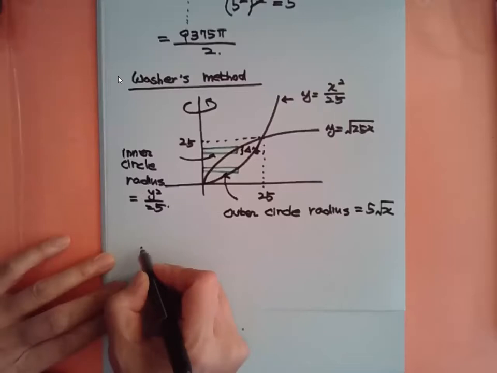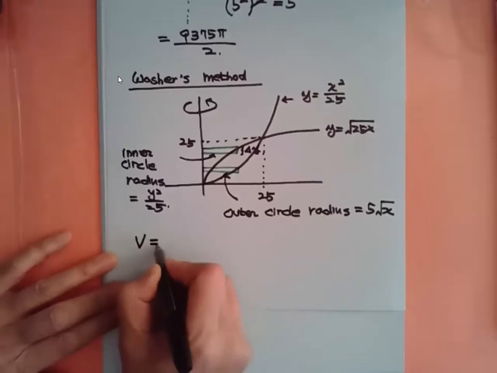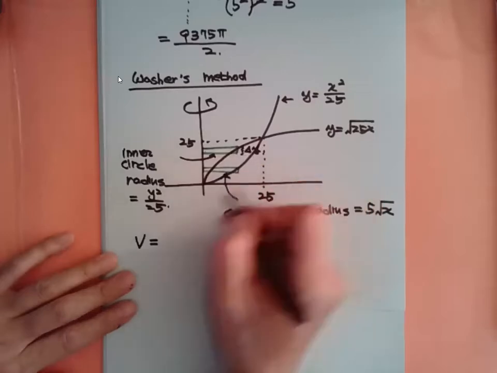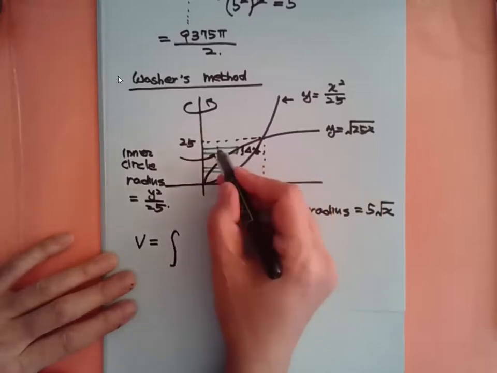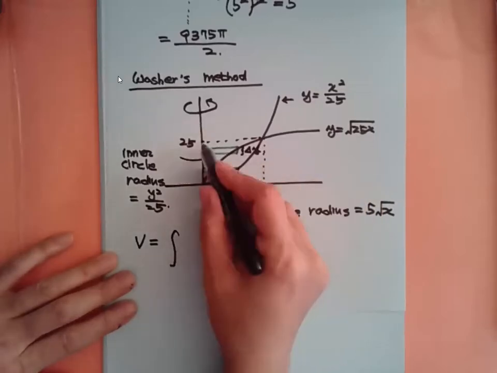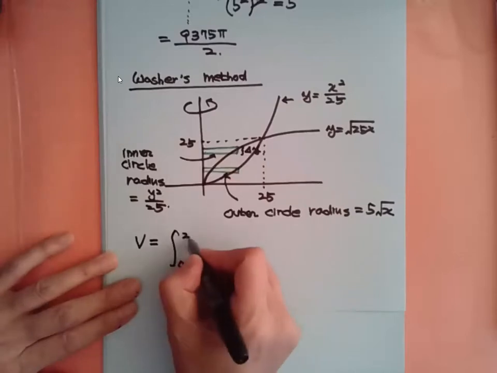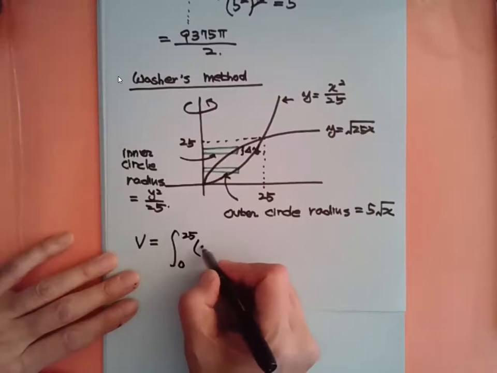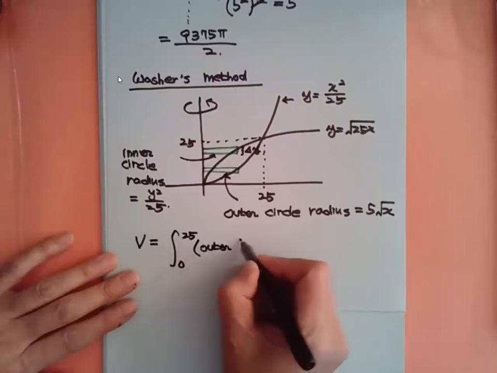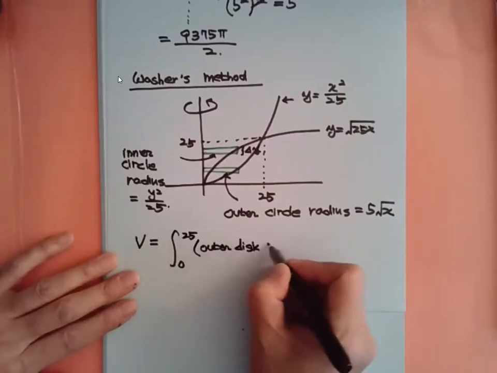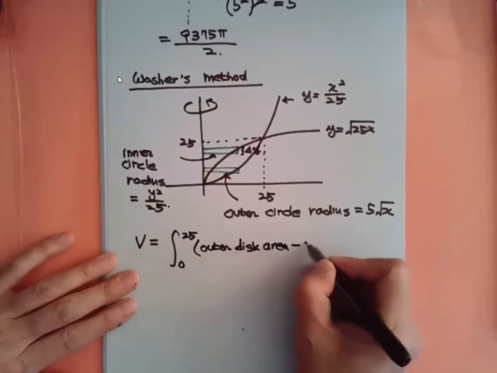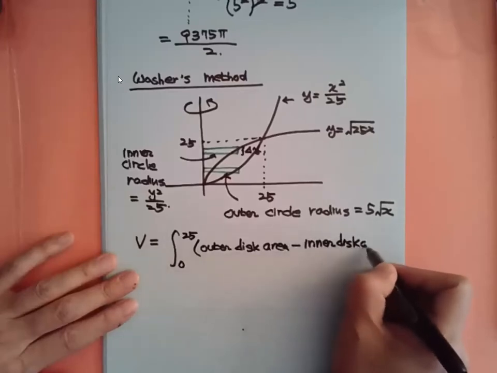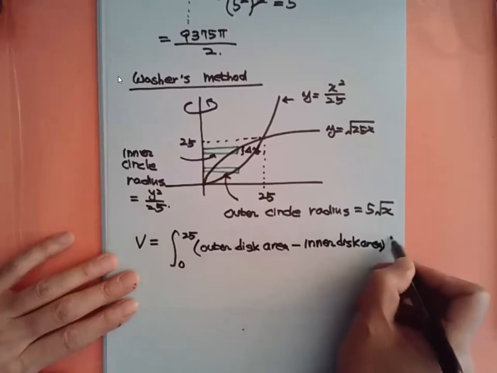So if I give you the volume formula in this case, then we are thinking about delta y. So we have to determine the y range. The y range is between 0 to 25. And outer disk area minus inner disk area times dy.